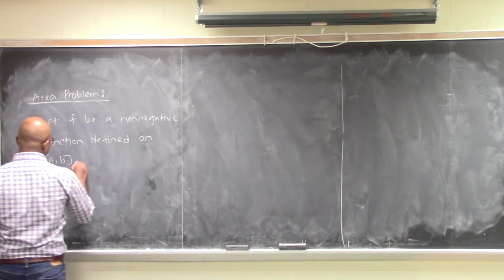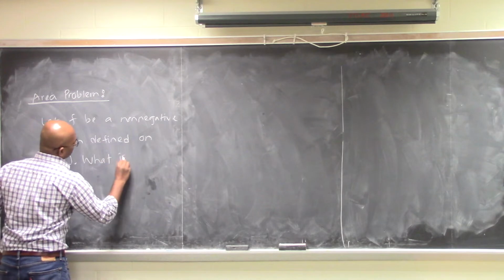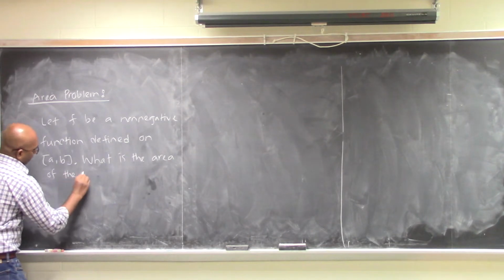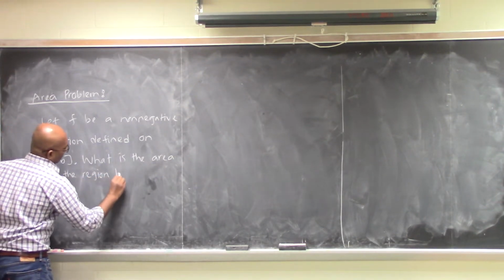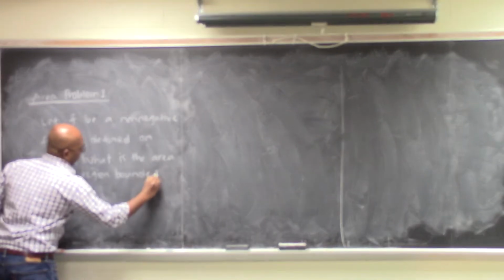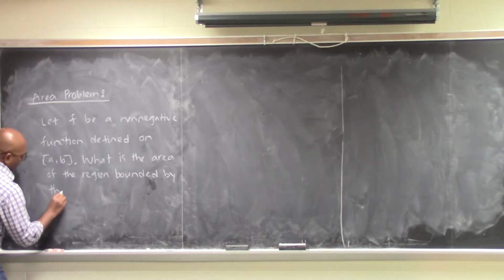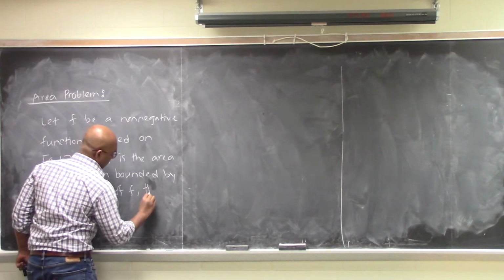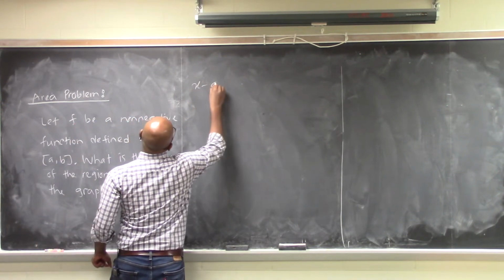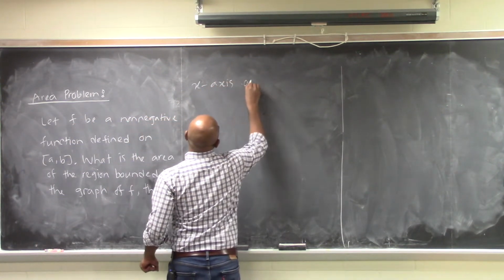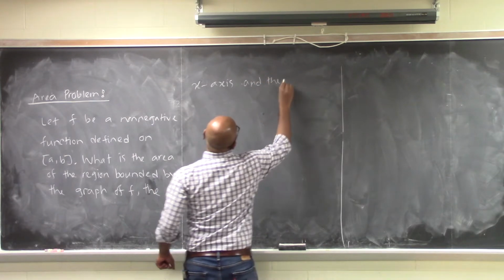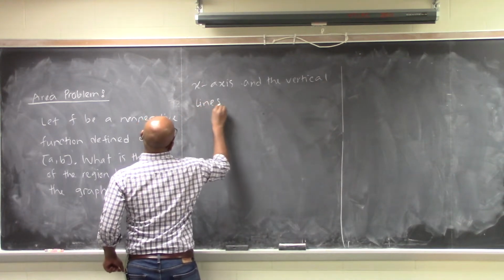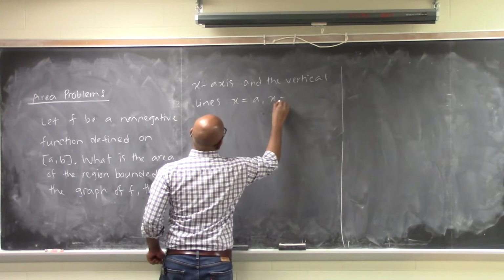What is the area of the region bounded by the graph of f, the x-axis and the vertical lines x equals a and x equals b?